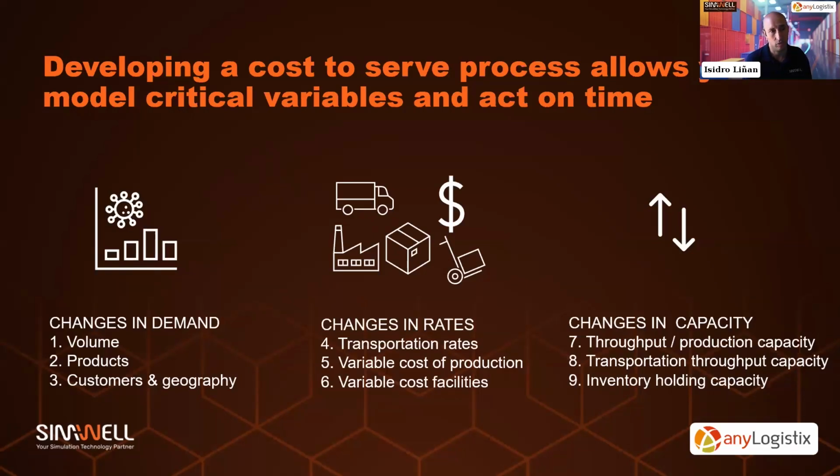Then we have changes in rates, with new opportunities, new lanes that come up, new opportunities for different facilities or different methods of production and variable cost facilities. And finally, the constraints. Sometimes factories, facilities, or transportation lanes change their capacity, and we need to evaluate how that affects our global solution for assigning flows in our supply chain.